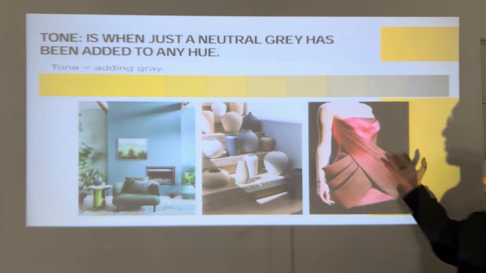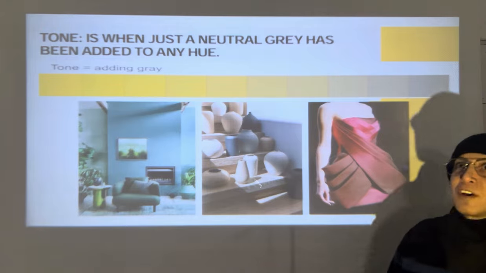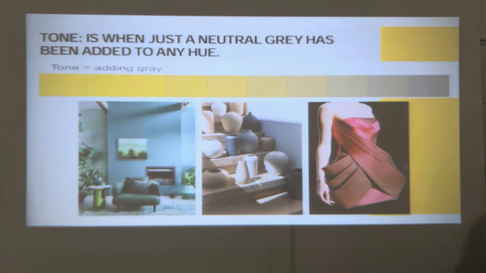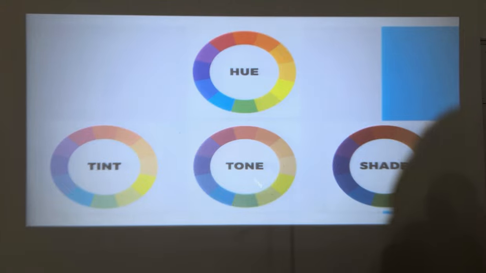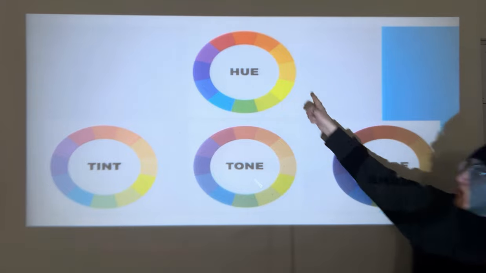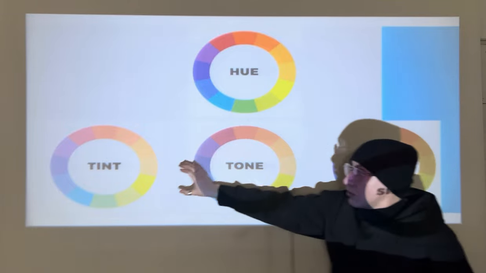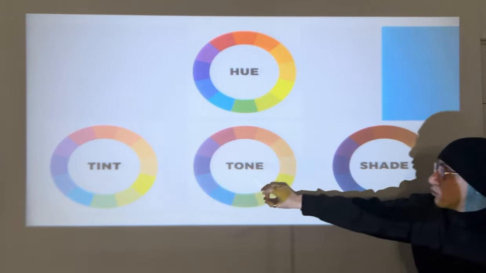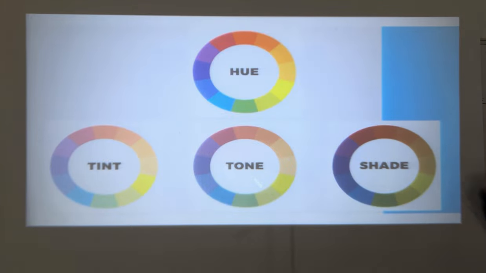It doesn't matter what design, clothes, interiors, posters, anything, okay? So this is another option. So we have what? Pure hues from the color wheel, and we can create tints by adding white, tones by adding gray, and shading by adding black, okay?